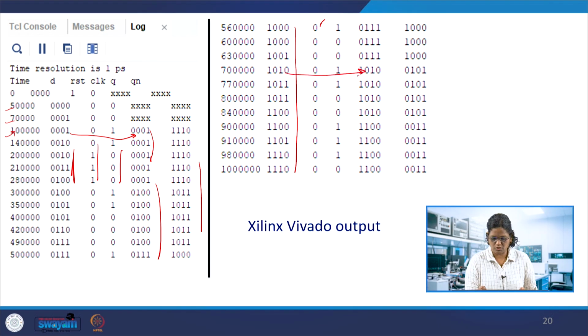So here you can see the data being passed to this one and maintained here, and passed over here and maintained. In between that clock period, the changes are not reflected in Q. So this is just an exact representation of the waveform editor, and it's just a printing of this output over here.